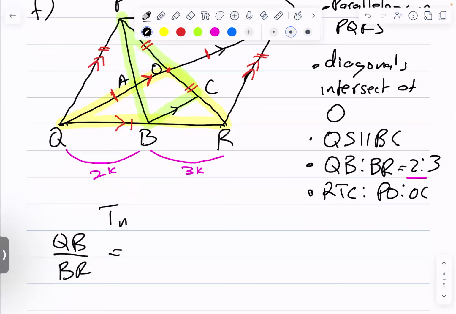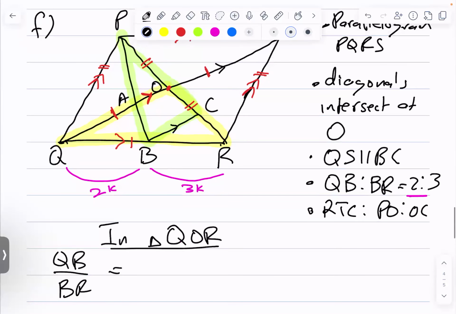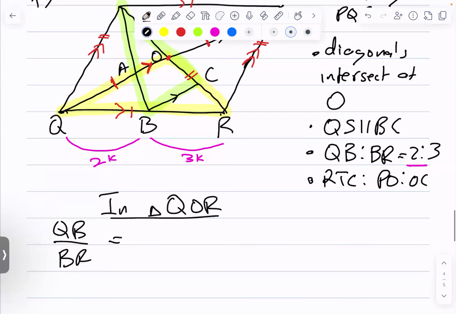I would say in triangle QOR, and then OC over OR. All right, so QB over BR is equal to OC over OR. Very important, okay?